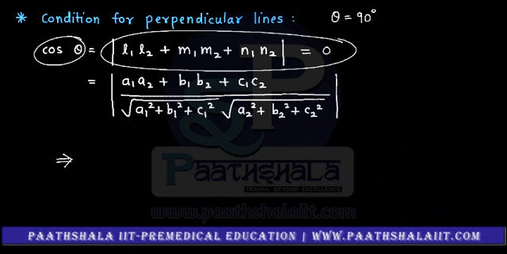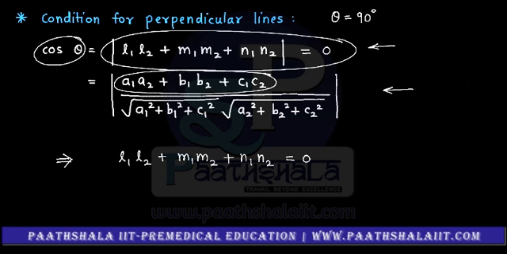Now here it is a little simpler, because we can directly say that L1 L2 plus M1 M2 plus N1 N2 itself has to be equal to 0, because only then the required expression would be 0. And on the other hand, in the second equation, we must have the numerator equal to 0, because we want the entire expression to be equal to 0.